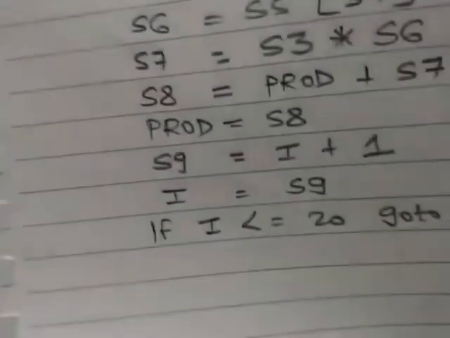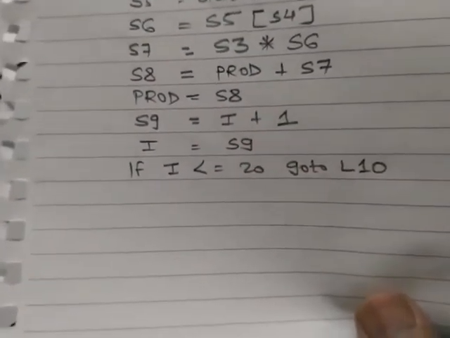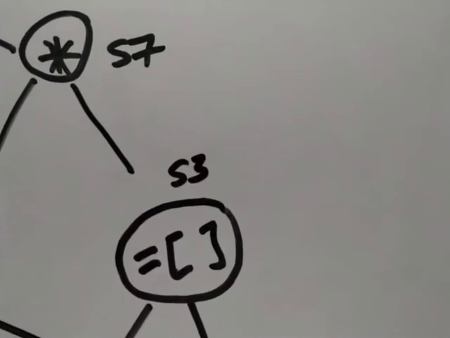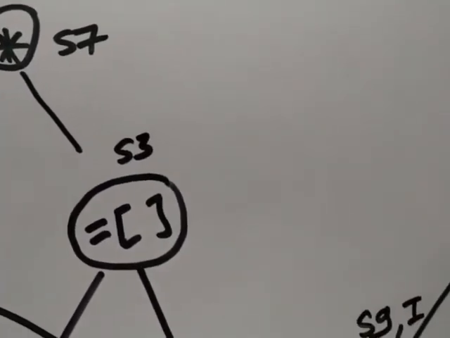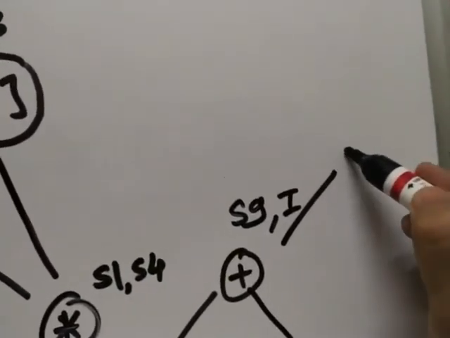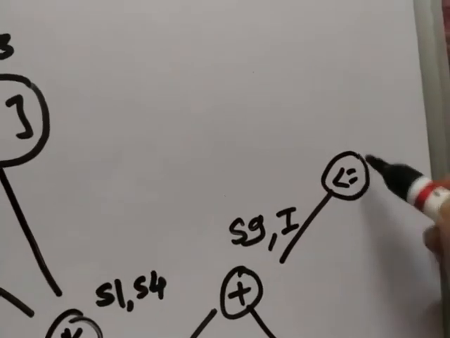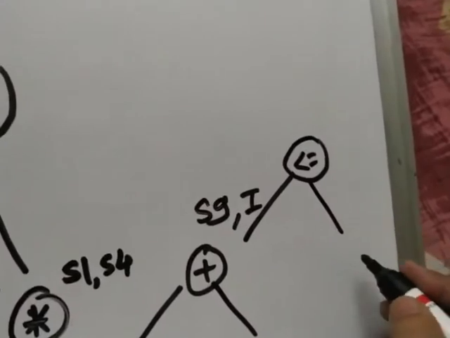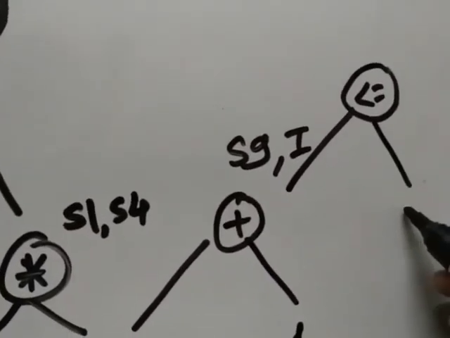And lastly we have, if I is less than or equal to 20, then go to L10. So it is less than or equal to, the value will be 20.